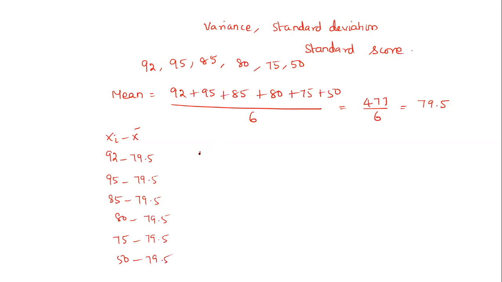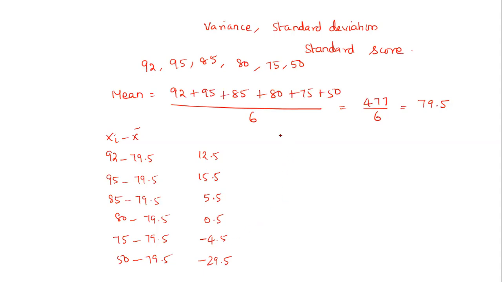So the values are 12.5, 15.5, 5.5, 0.5, minus 4.5, and here it is minus 29.5.